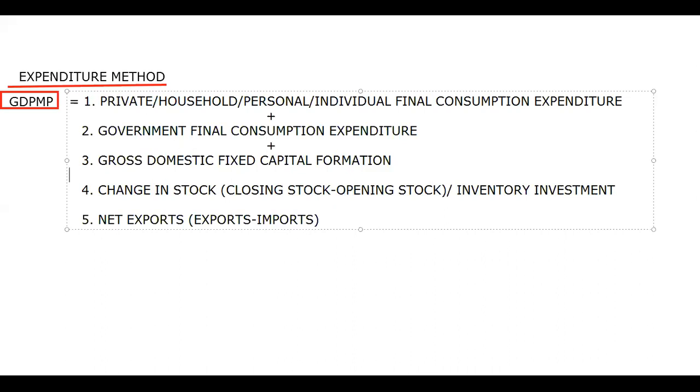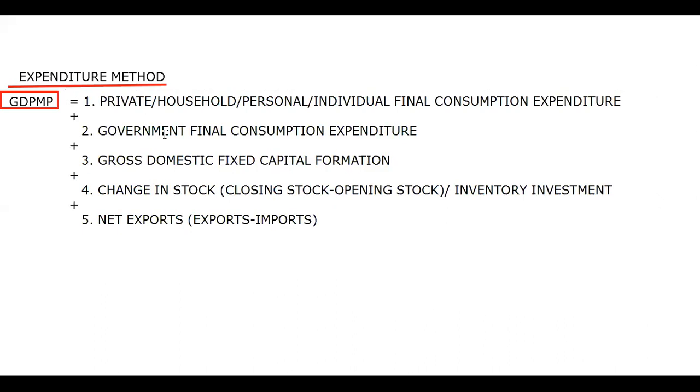All right. So please notice all these 5 elements, and I hope you all have written them. So shall I move? I think you all have written it. Fine. So we have to add all these 5 elements, and we will simply get the GDP MP. So यहाँ तक clear है सबको?